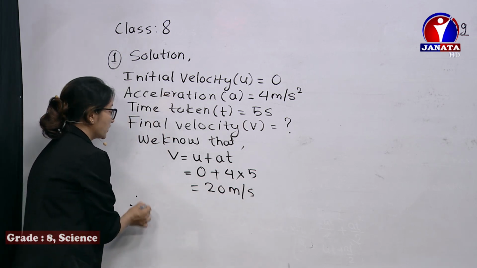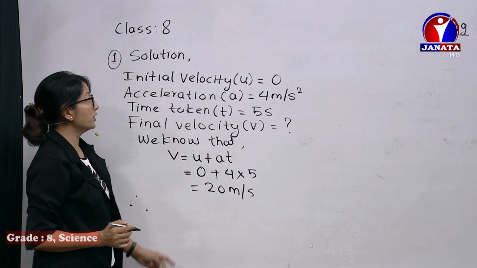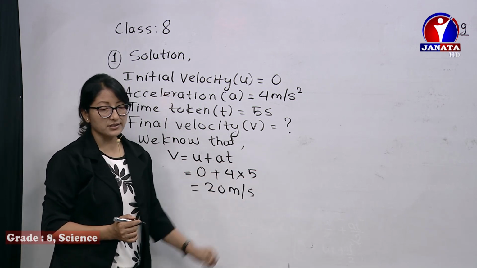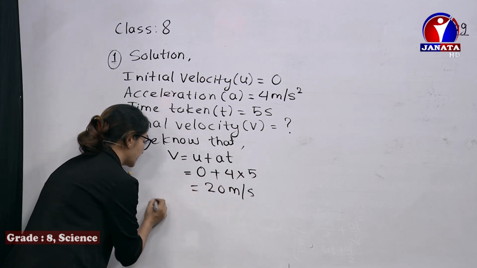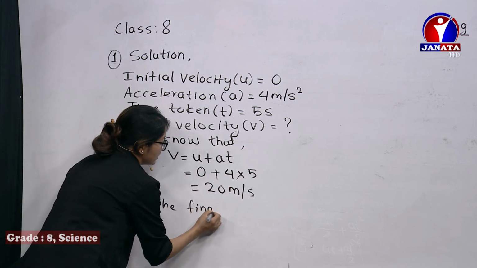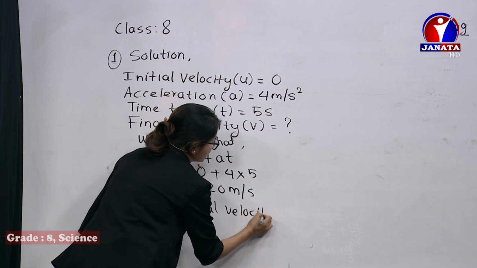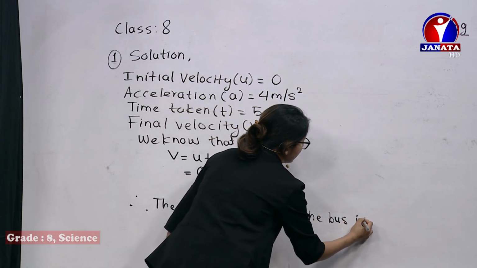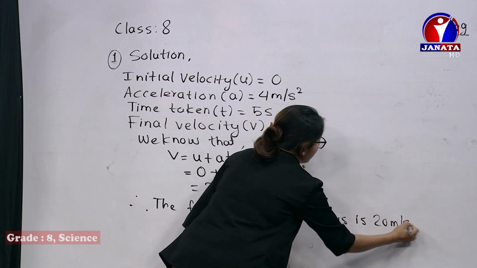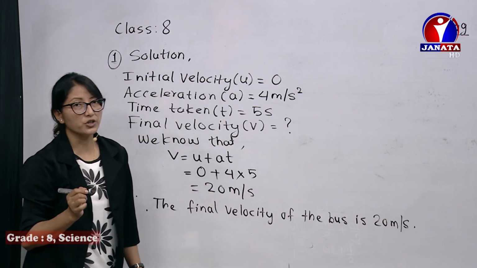Therefore, you can write in short here: the final velocity of the bus is 20 meter per second. So the first one is solved.